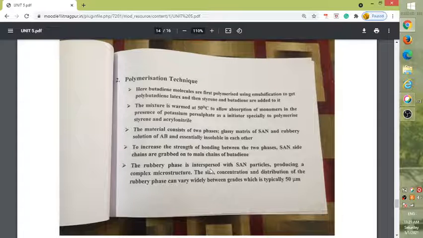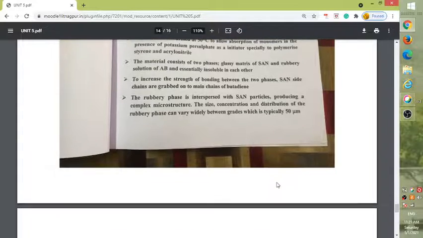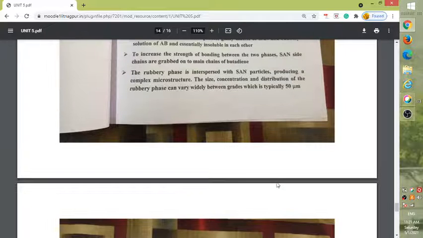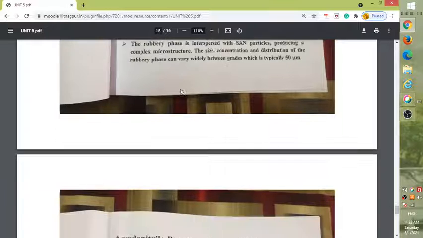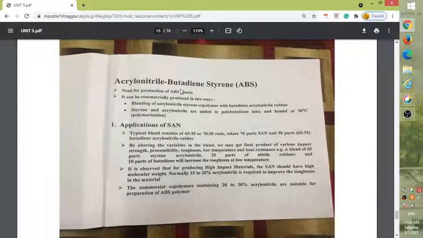The rubbery phase is interspersed with SAN particles, producing a complex microstructure. The size, concentration and distribution of the rubbery phase can vary widely between grades, typically 50 micrometers.